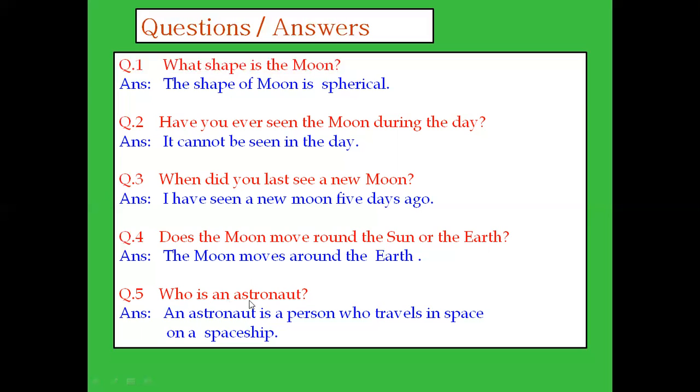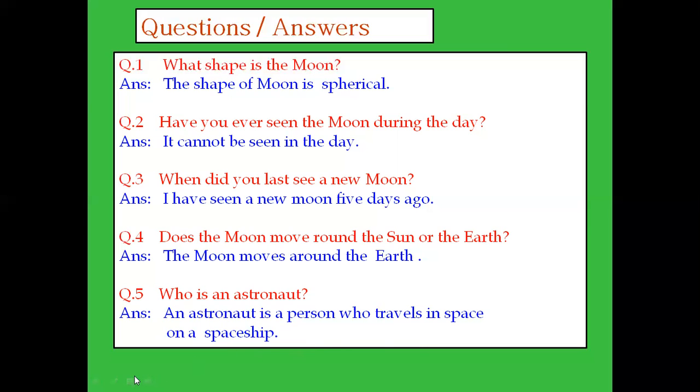Who is an astronaut? Answer. An astronaut is a person who travels in space on a spaceship.